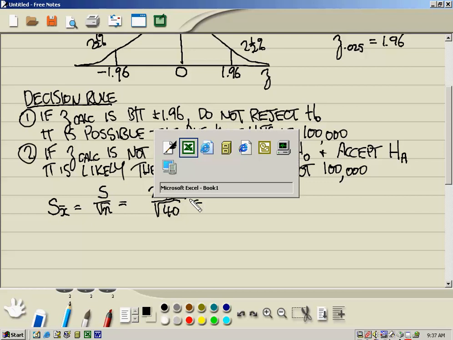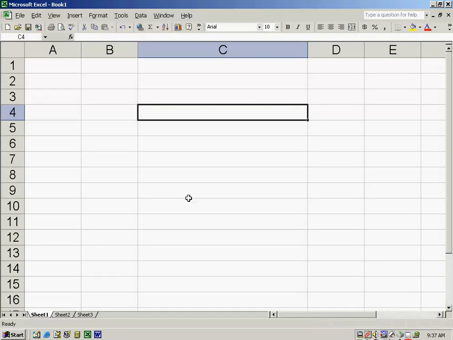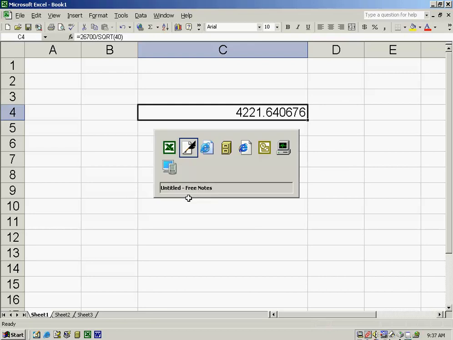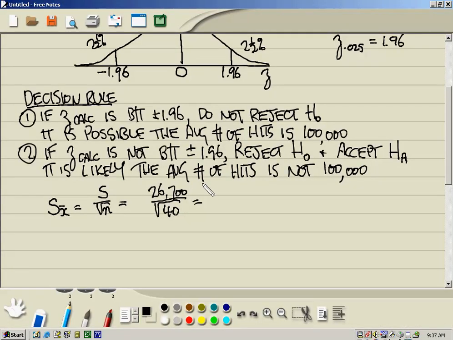Let's go to Excel and work that out. So this is equals 26,700 divided by the square root of 40, and to 4 significant places that'll be 4,222. Alright, so 4,222.